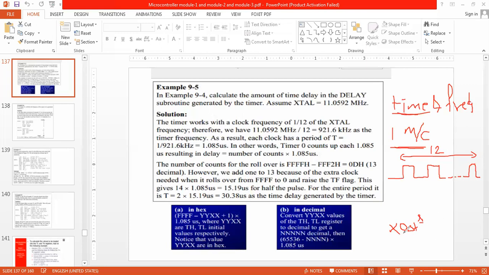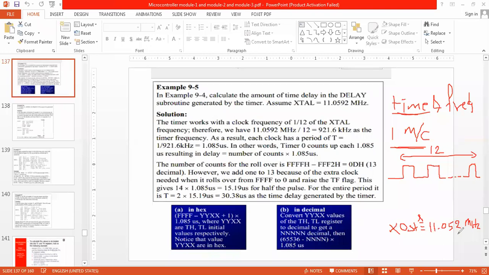What is the basic crystal oscillator? 11.0592 megahertz. This is our clock rating, clock speed.